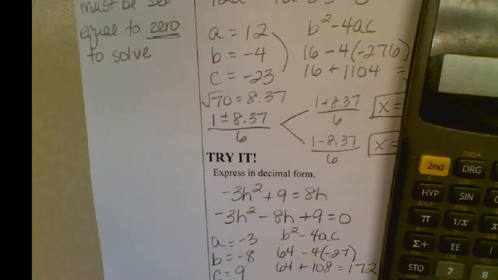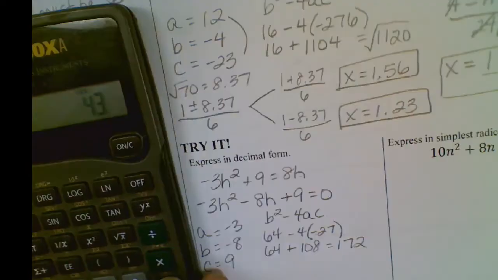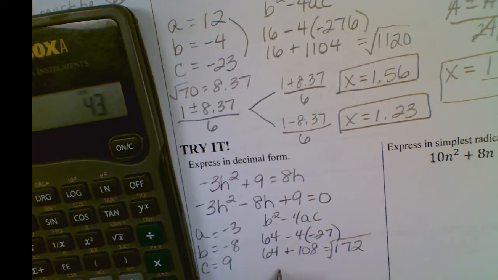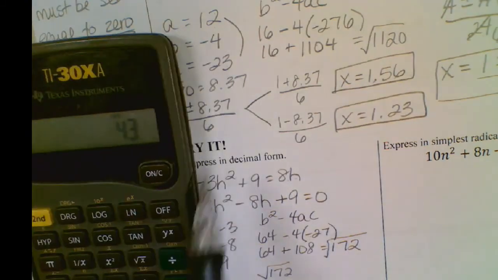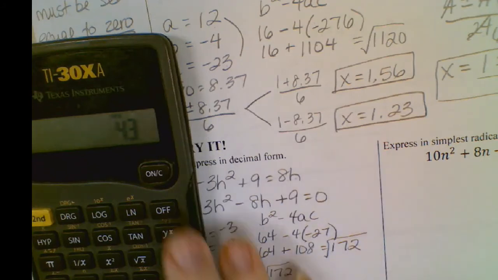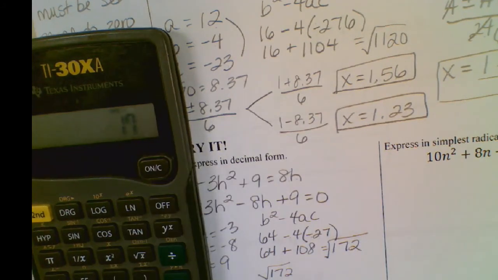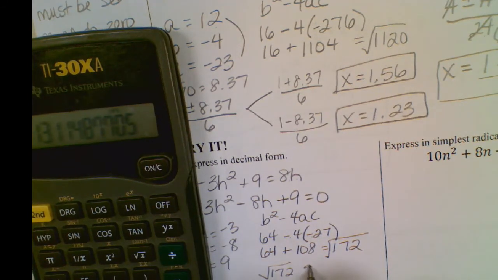Fairly sure 4 can come out of that. It can. So that's going to be my square root of 172. Actually, we don't even need to simplify that radical, because if I'm being told to find it in decimal form, let's just find the square root of 172. Save ourselves a step. And the square root of 172 is 13.11.